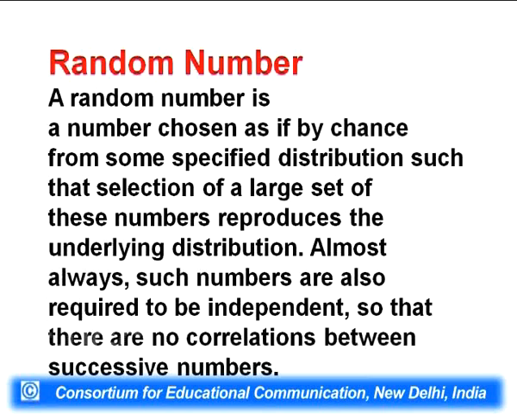This definition of random number is to be understood properly. There is a randomness in the selection of numbers. If one number is selected now, and a second number is selected, there should not be any relation between these two numbers or the numbers which are selected subsequently.